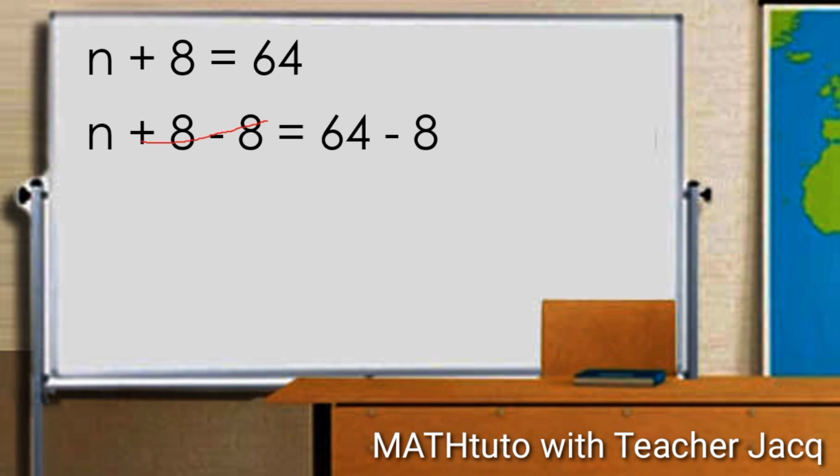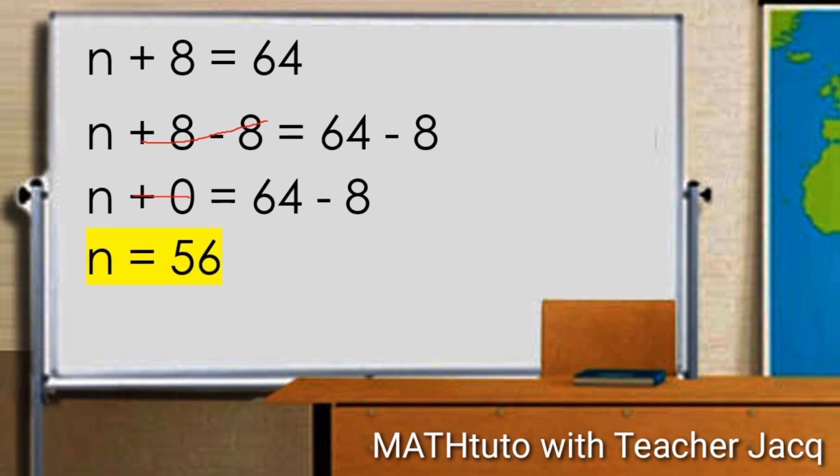So, ang matitira na lang ay n. Okay, so n plus 0 equals 64 minus 8. Dahil 0 naman na yan, tanggalin na natin to. So, ang matitira na lang ay n equals, so 64 minus 8 is 56.